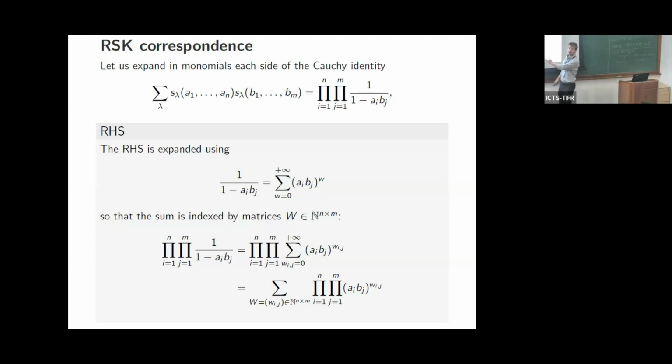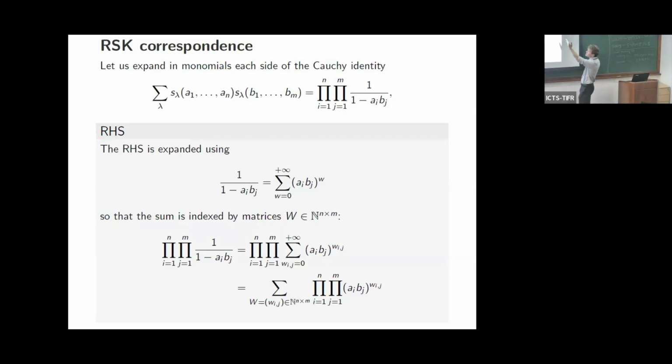Then I can exchange the summation and the product. When I do, I need an index wij for each element in the product. So for all ij, I need some integers. That's a matrix of size n by m filled with non-negative integers, which I denote by capital W, the matrix of the wij's. Then I sum over matrices and take the products of these simple monomials. That's how one expands the right-hand side.